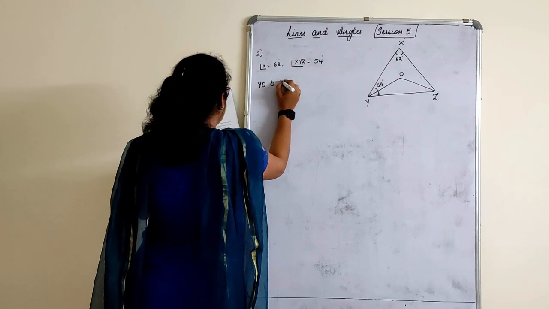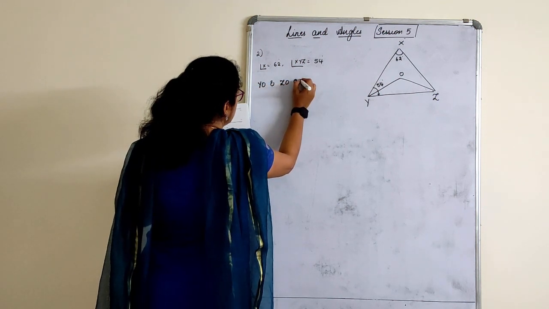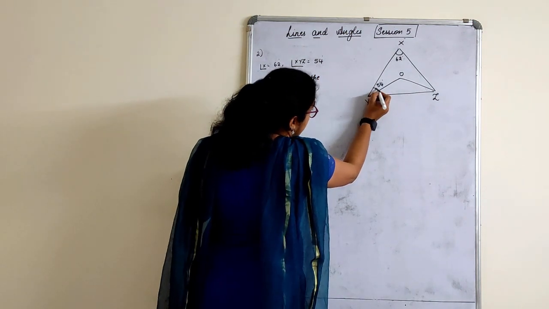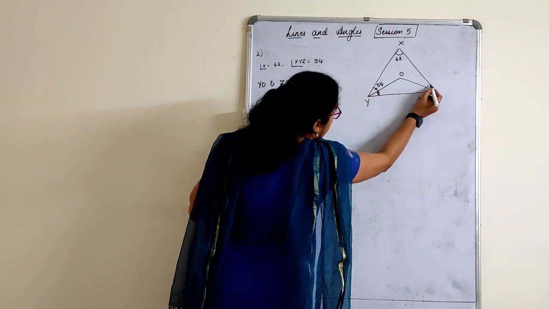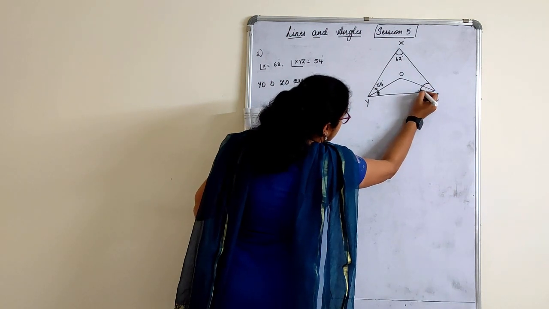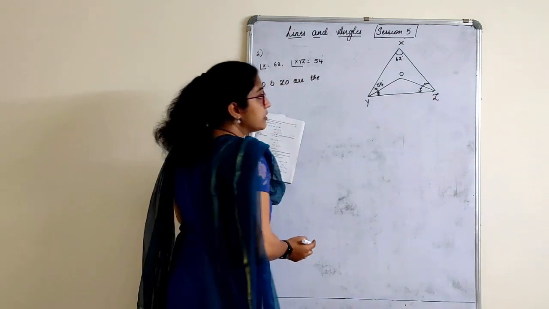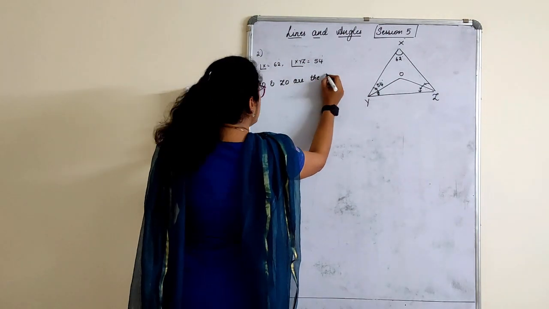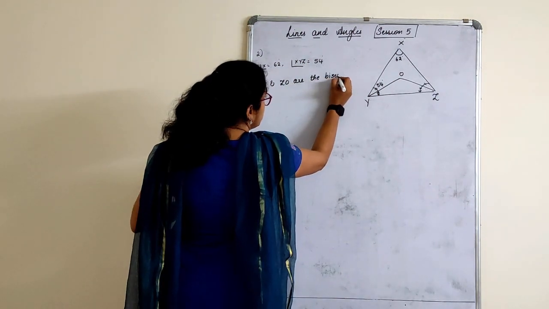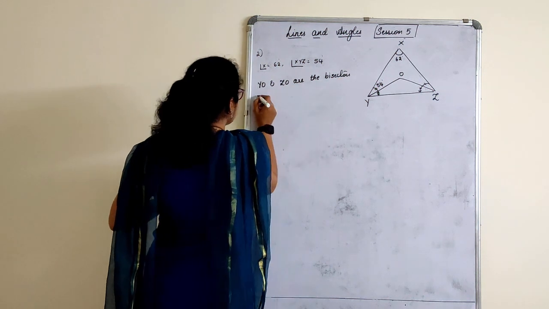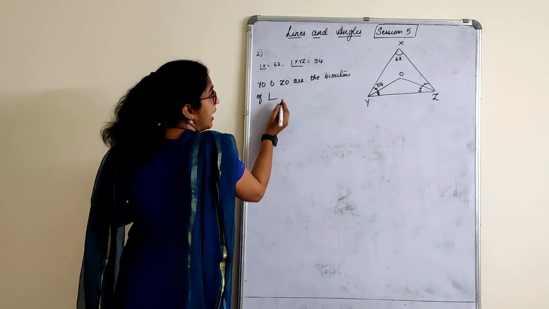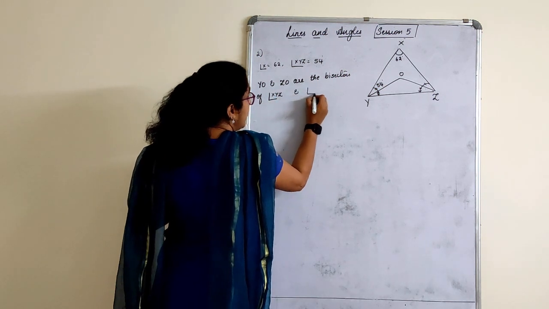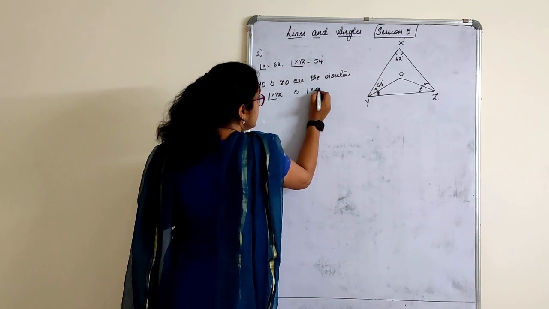YO and ZO are, that means children, this angle is equal to this angle, and if I mark here, this angle is equal to this angle. Bisectors they are. ZO and YO are the bisectors of angle XYZ and angle XZY respectively.